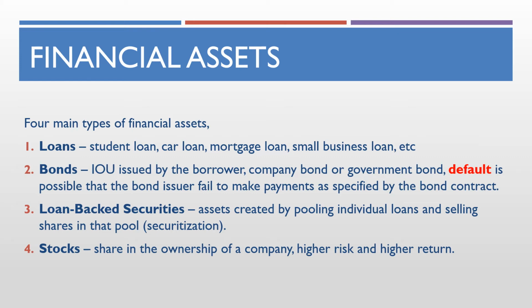Bonds are another very common type. Bonds are what we call an IOU certificate. IOU basically means I owe you something, right? It's kind of like a borrowing certificate, usually issued by the borrowers. There are very common company bonds and government bonds.